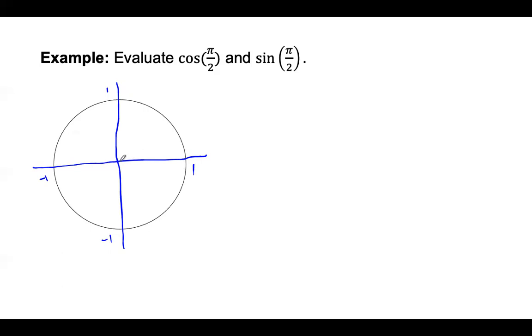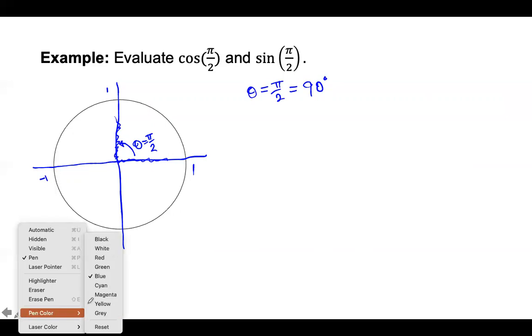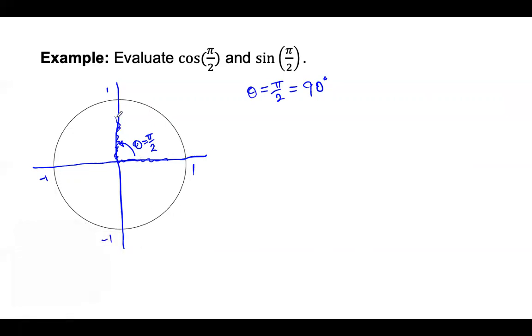We know that is just when we go from this angle to this axis, because pi divided by 2 is 90 degrees. Let me write in a different color. This point up here, what is that? It's the cos of this angle and the sine of this angle.